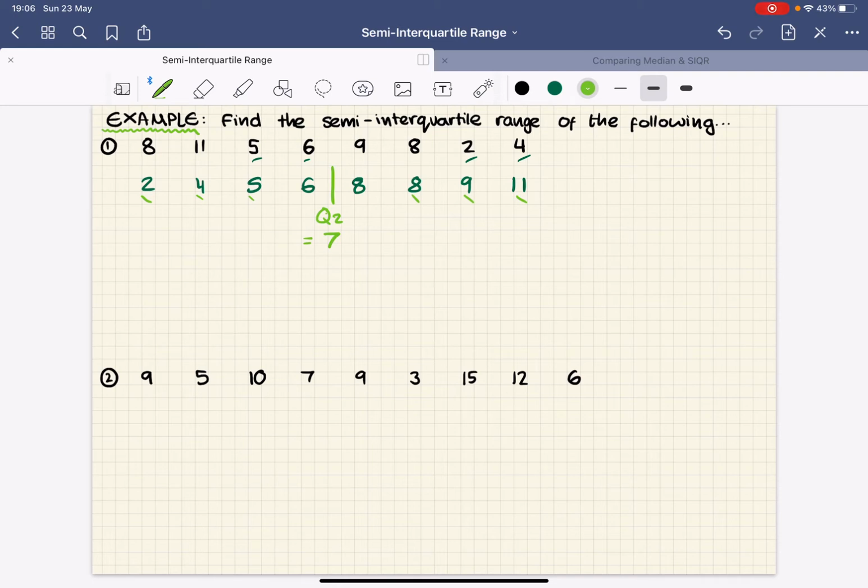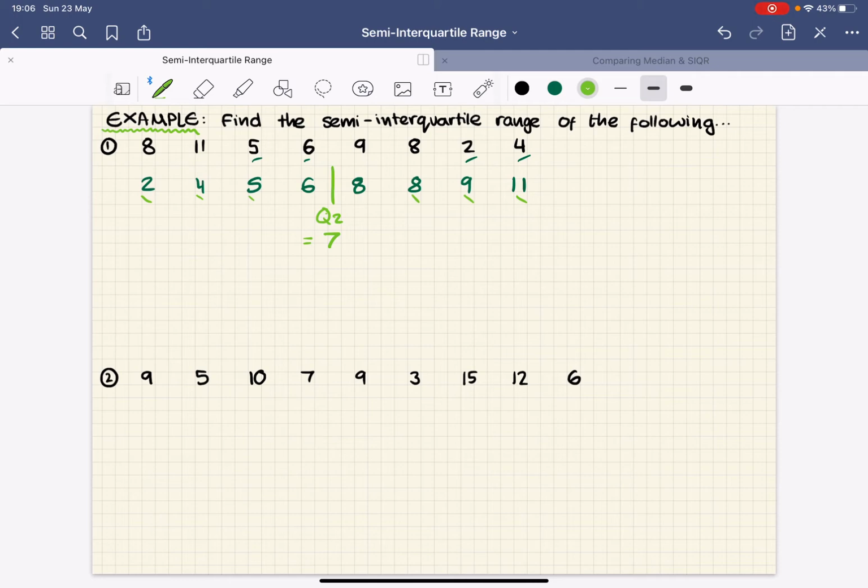So now I need to find out what Q1 and Q3 are. We've got these 2 sections before and after the median, and those are the 2 sections we are going to look at. I'm going to do the exact same again and find the median of those 2 sections.